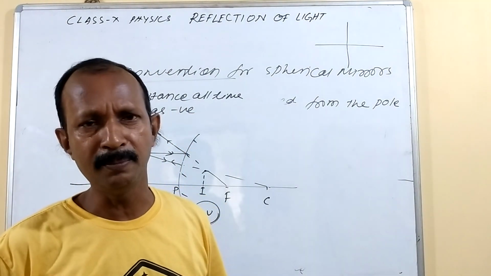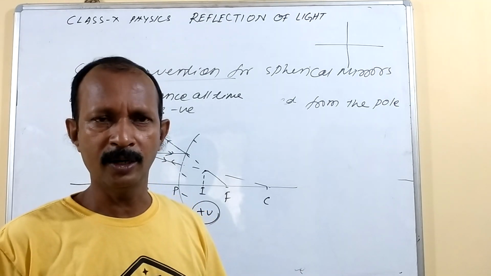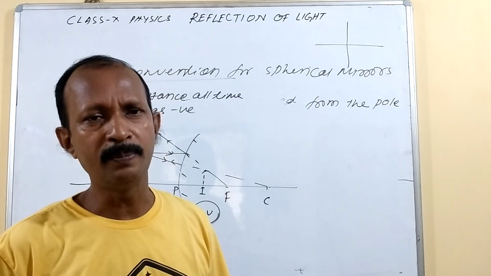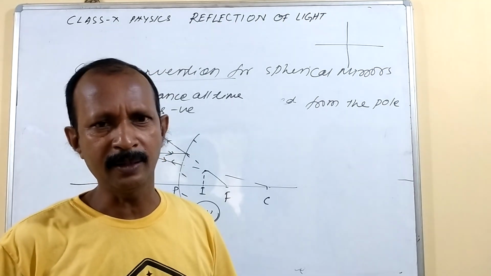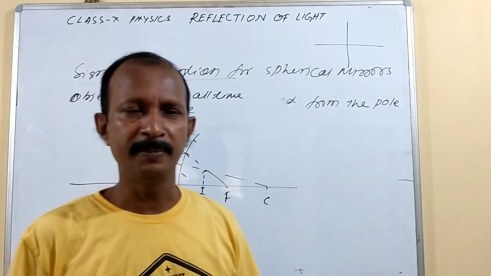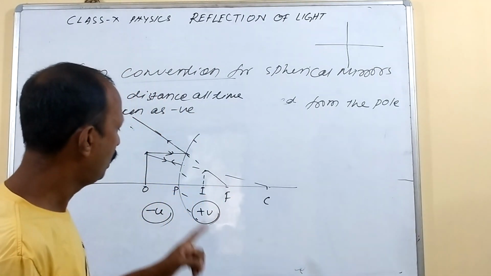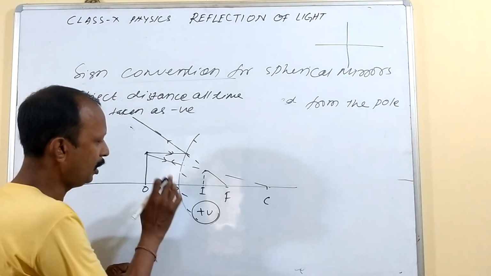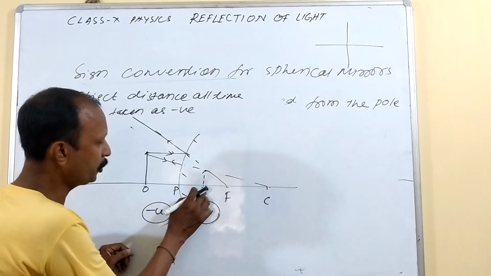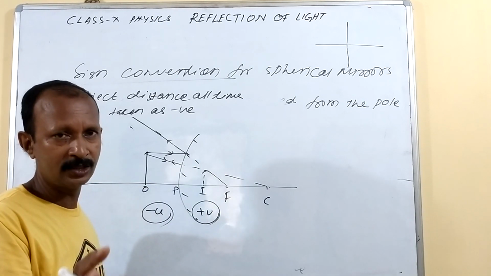And so far as the image, it depends upon the type of the image. Whenever the image is formed virtual, definitely it will be erect and at the back side of the mirror. That means opposite direction of the object. That means it will be positive. Depending upon the position, but all the time we should measure the distances from the pole. So pole to image, image to pole, magnitude same, but different is the direction.